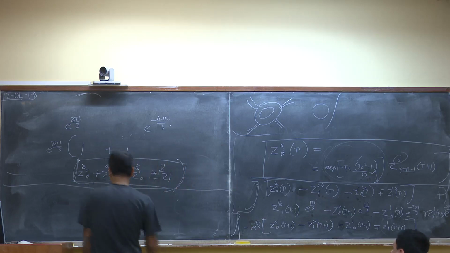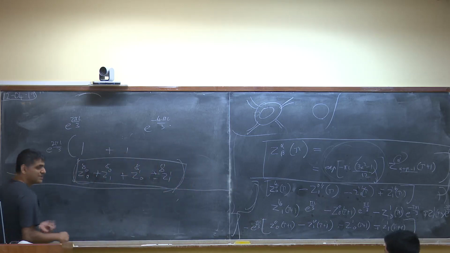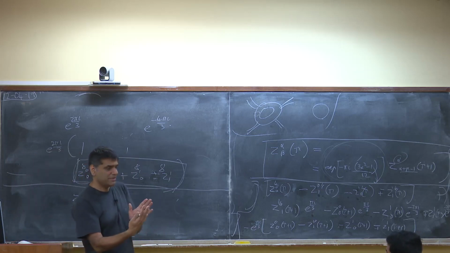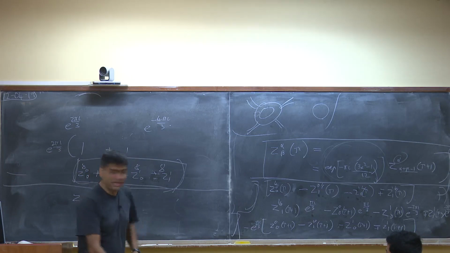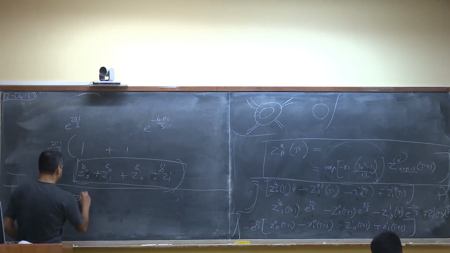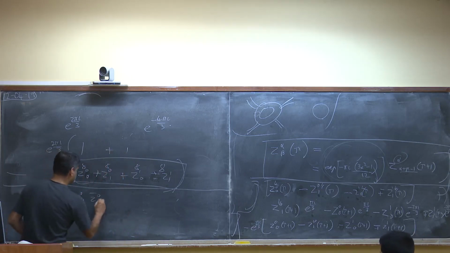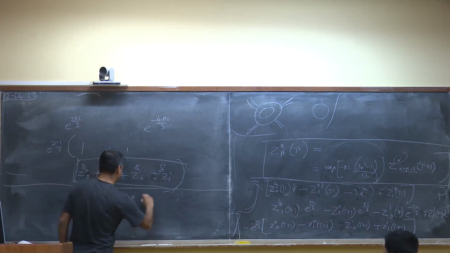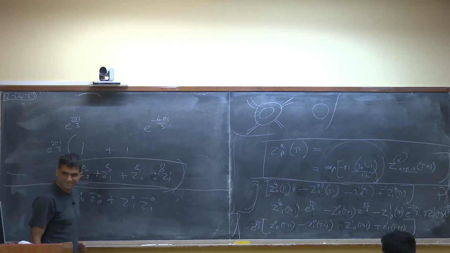Because the type 0 partition function is what people sometimes call the diagonal invariant. It's of the form Z00 times Z bar 00 plus Z01 times Z bar 01 and so on.